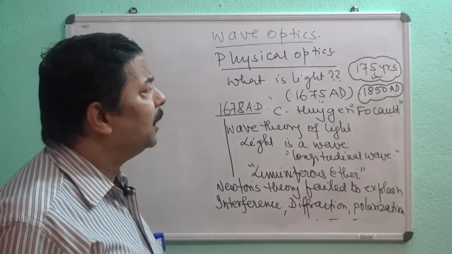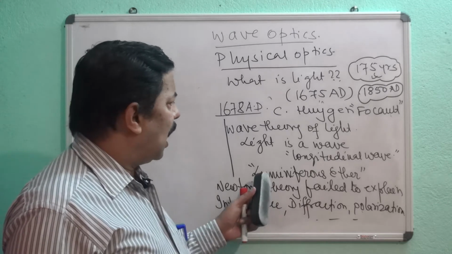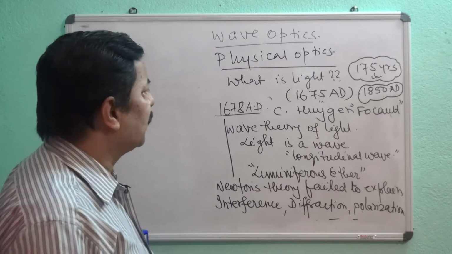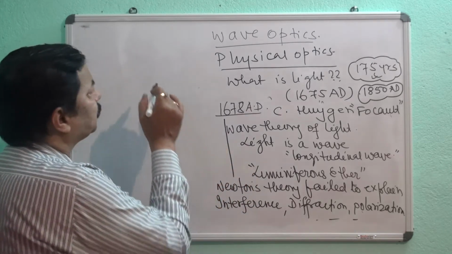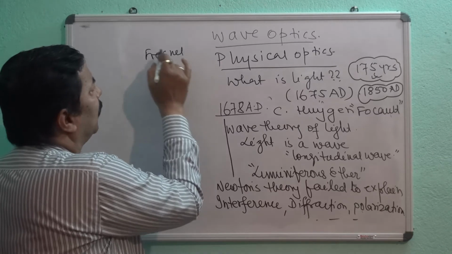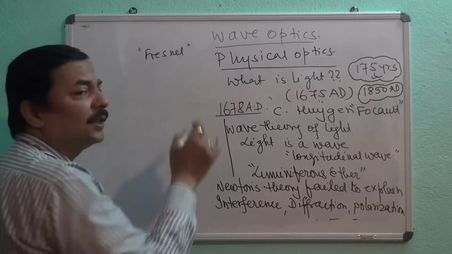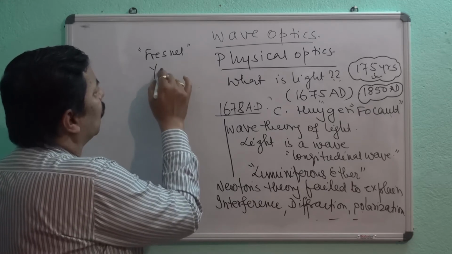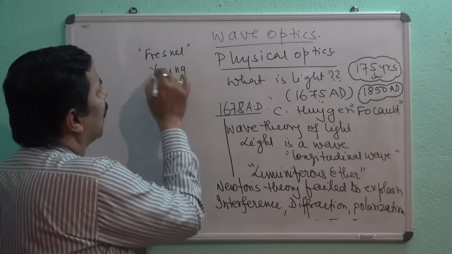In the meantime, Huygens supposed light to be a longitudinal wave, but there were scientists named Fresnel, spelling is Fresnel, but pronunciation is Fresnel, and Young, Y-O-U-N-G.